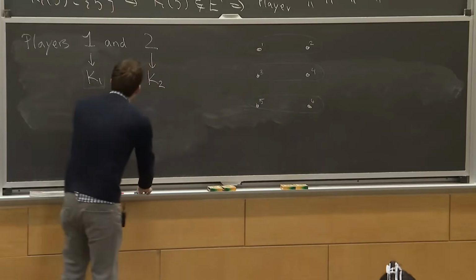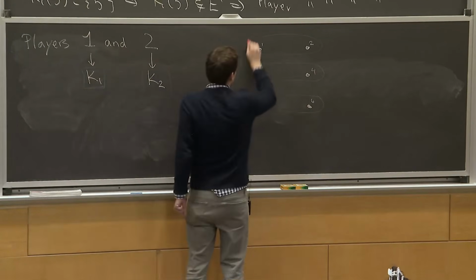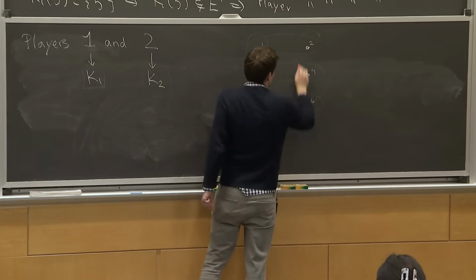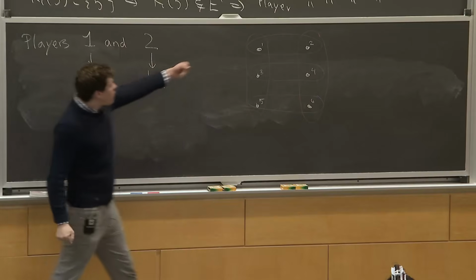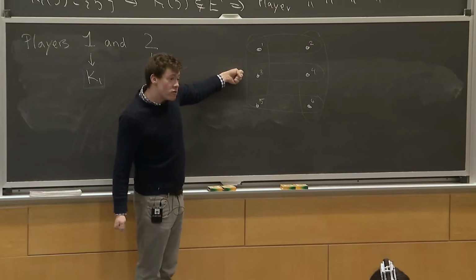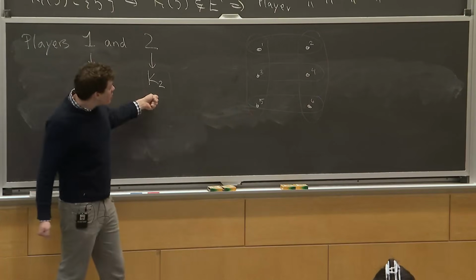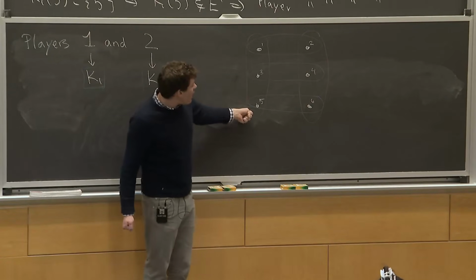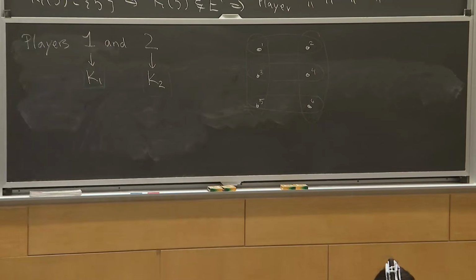And now let's say that player 2's information partition looks like this. So intuitively, what does player 1 learn? Player 1 learns either that the die is 1 or 2, or that the die is 3 or 4, or that the die is 5 or 6. What does player 2 learn? They learn either that the die is odd, or that the die is even. So now we can talk about the different information that the players have.